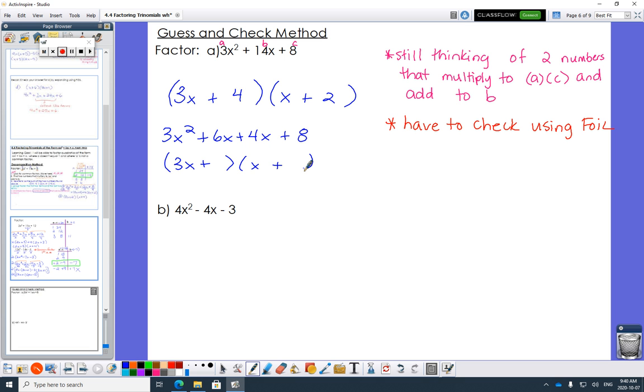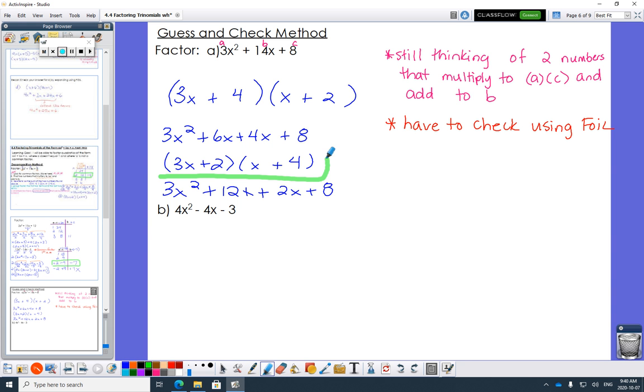What else could it be? Let's try switching it. Plus 12x. Okay, so is that right now? Yes. So see, to me, when you are first doing this, guess and check is tricky, okay?